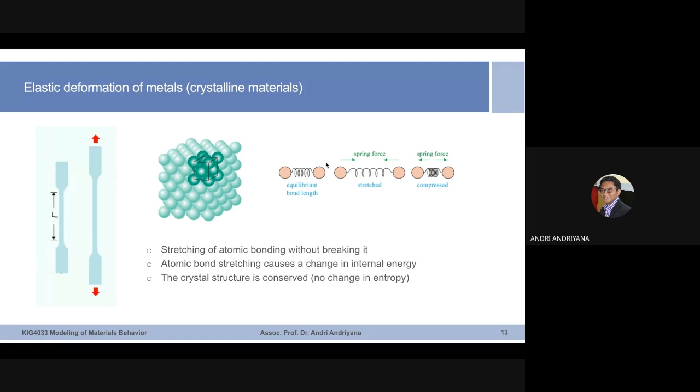Your materials remain a well-regular structure. You only disturb it a little. It is elastic deformation. So in the case of metals, which are crystalline materials, during elastic deformations, you only change the internal energy without significantly changing the entropy. That's what happens from the thermodynamic standpoint in the deformation of crystalline materials.